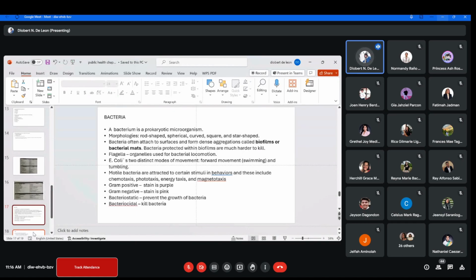No? So, these are the morphologies of the bacteria. We have rod shape. Morphologies is the shape, guys, no? Rod shape, spherical, curved, square, and star shaped. And bacteria often attach to surfaces and form dense aggregations called biofilms. Those are your biofilms.